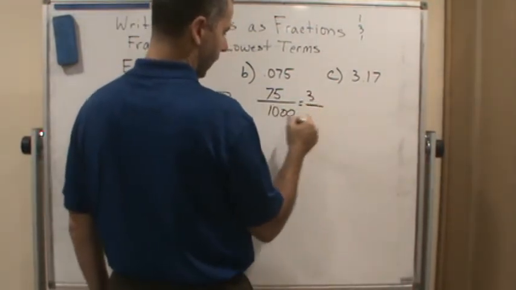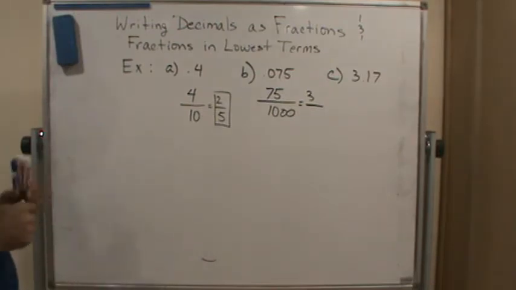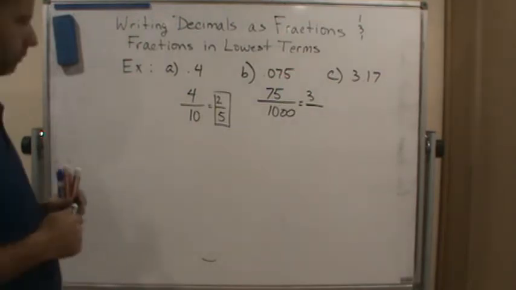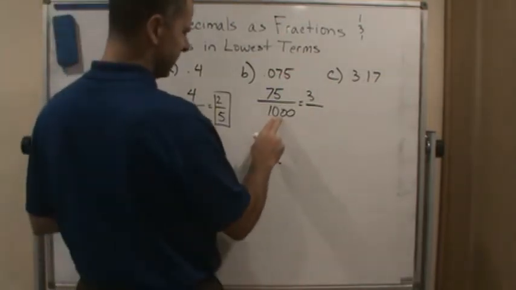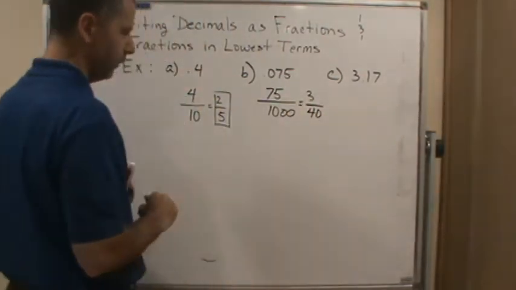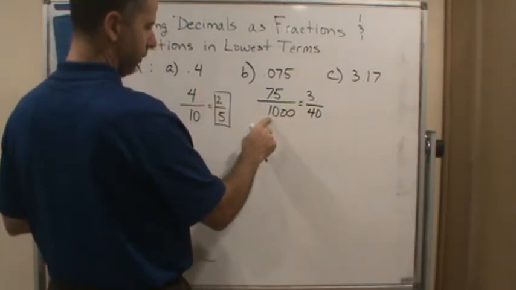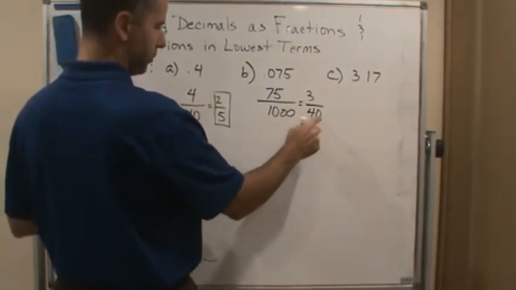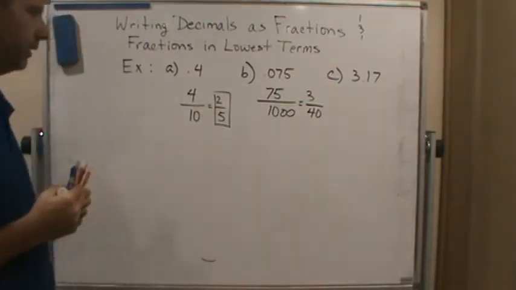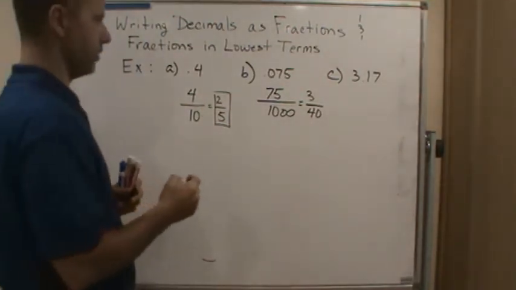And if we divide 1,000 by 25, what do we get there? Well, in this case, it'd be 40, right? Because 25 goes into 100 4 times, and then we have an extra 0, so it's going to be 40, okay? And so the answer is 3/40.